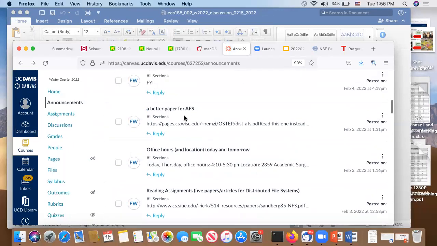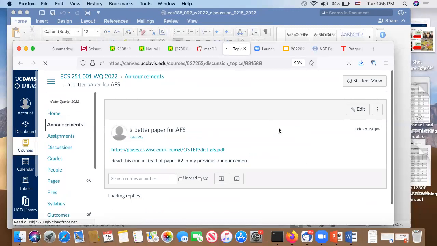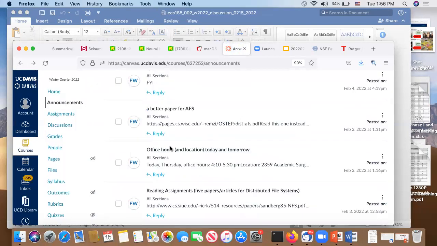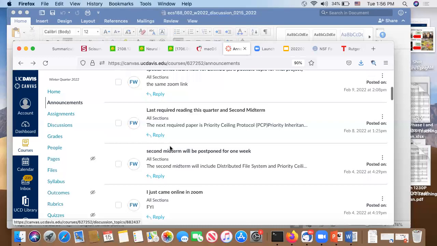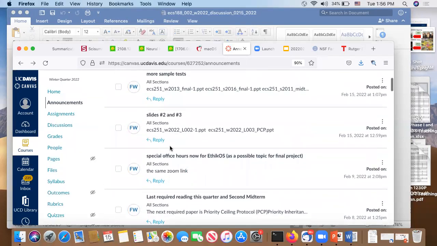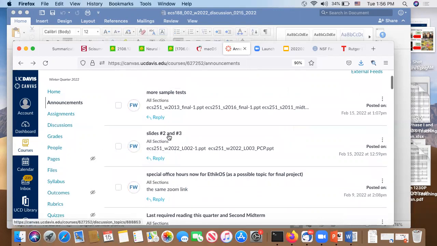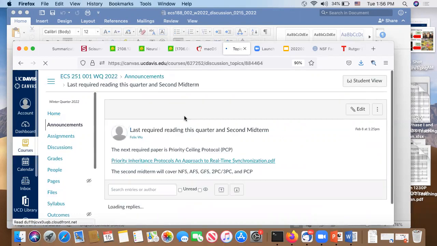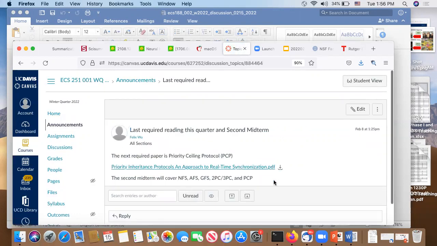Then I gave a better paper in this particular message, a much more readable paper about the Andrew File System. And the 6th paper is on PCP. Where's the PCP paper? This one, yeah, okay, thank you. This one is the paper on PCP.